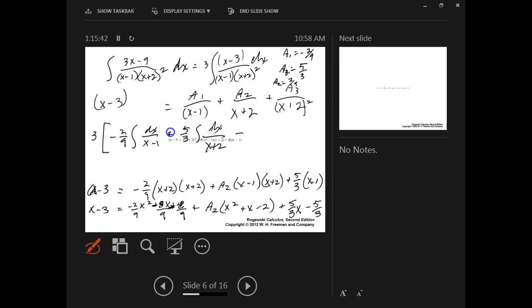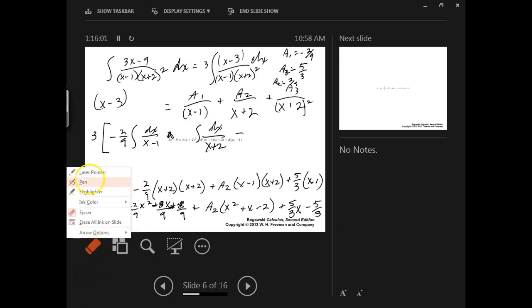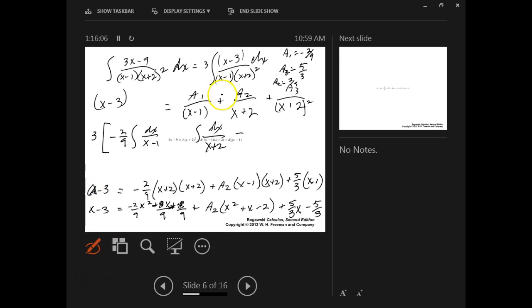That's the 2/9. There we go. Plus 2/9, and then plus 5/3.